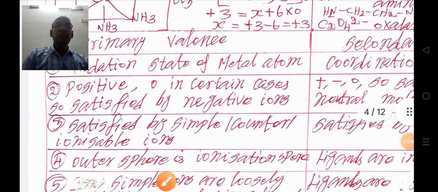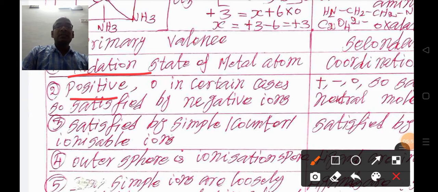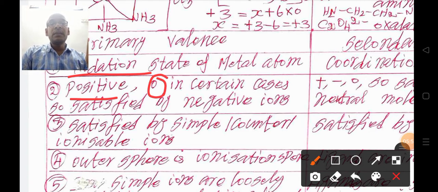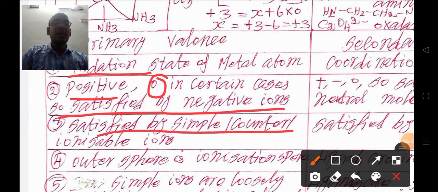Point number 2, the oxidation state of the central metal ion is in most cases positive, in some cases 0. The positive charge is satisfied by the negative ions, that is, satisfied by the simple or counter ions.